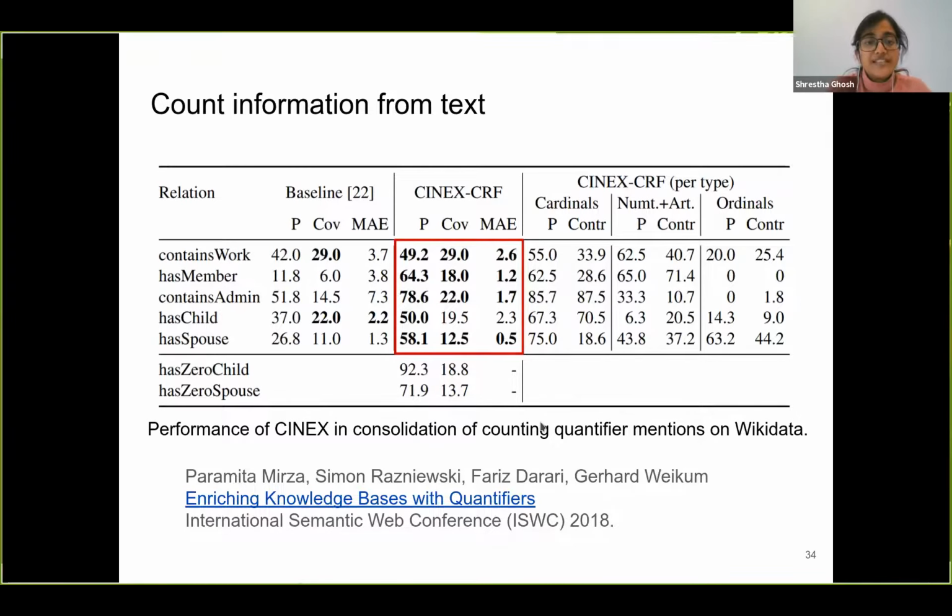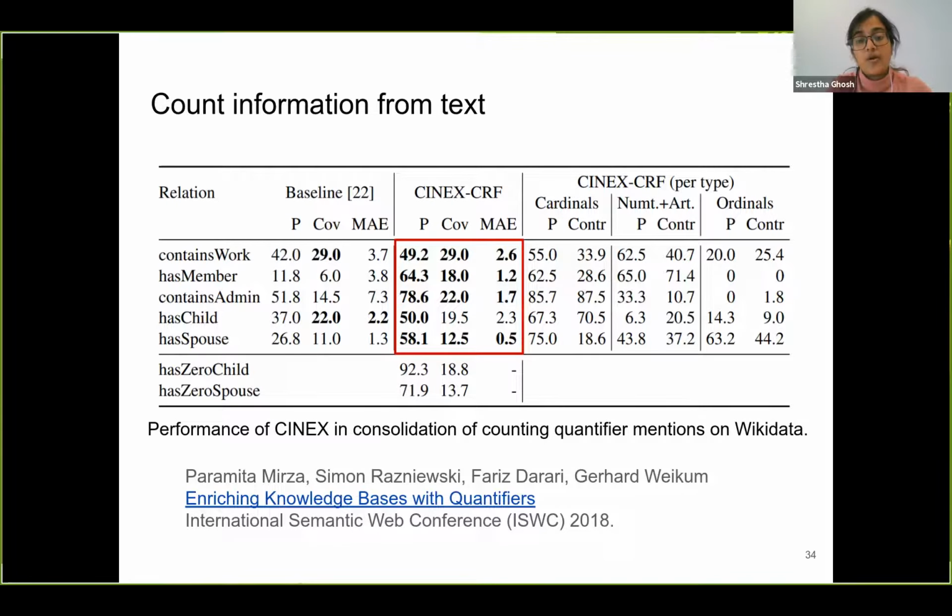So these are the results of the Synex method for extracting count information from text, wherein they looked into these relations and tried to figure out how many relations they were able to correctly predict for any cardinality.